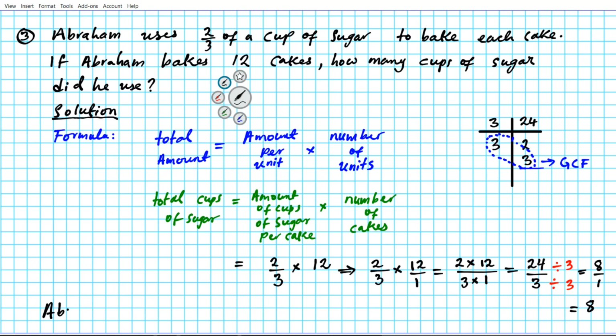Let's write down the significance of our answer. Abraham uses 8 cups of sugar to bake 12 cakes.